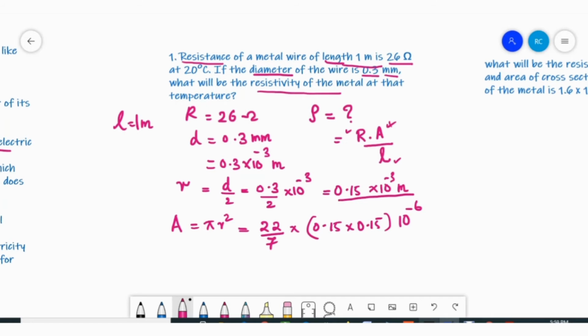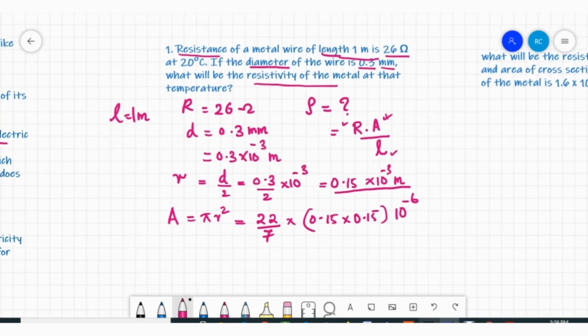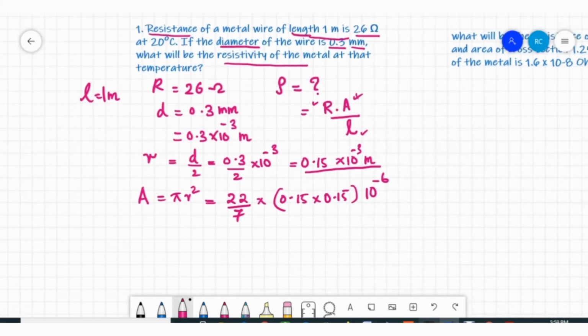Then you can substitute this value directly into the resistivity, no need to simplify here itself.